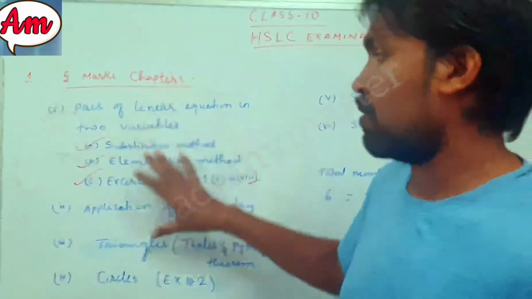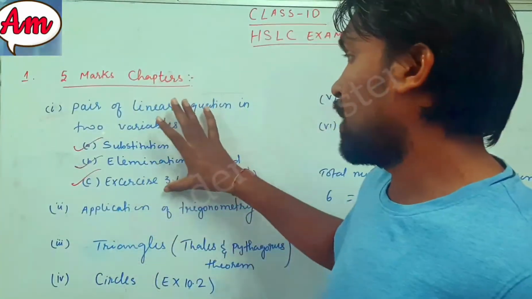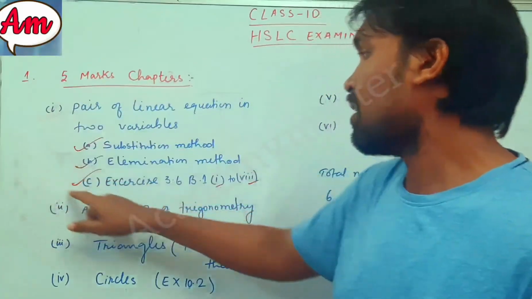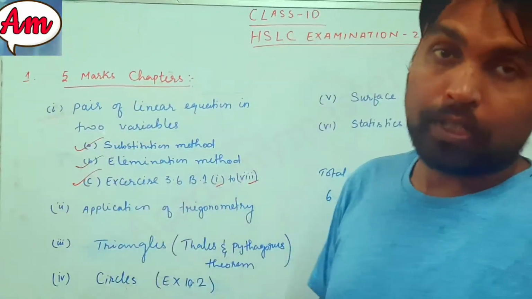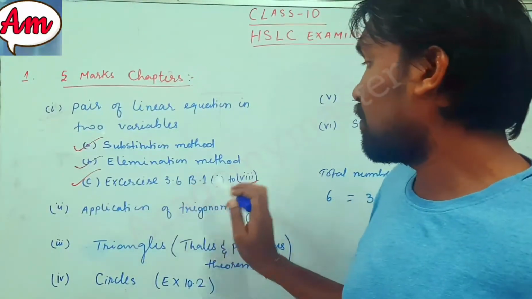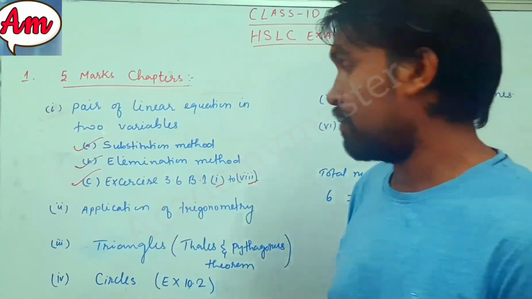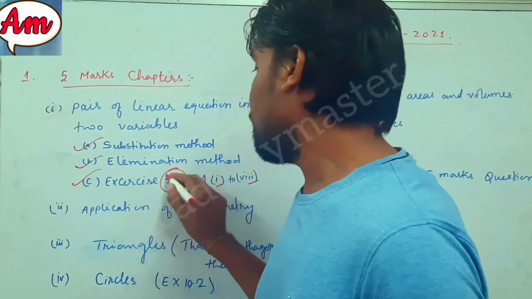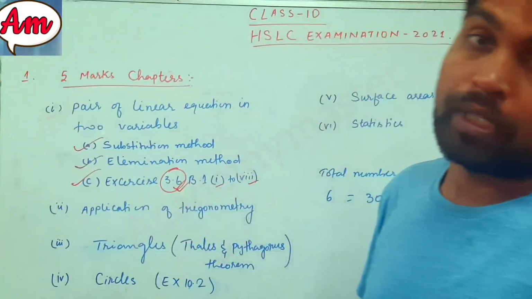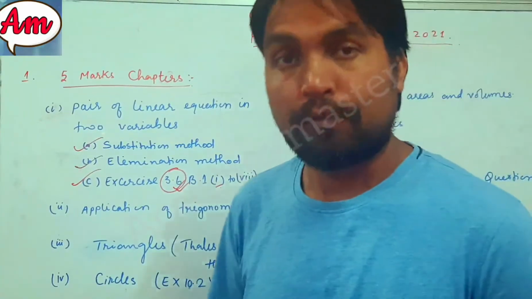You have to practice all these 3 for getting 5 marks. This is a very easy one. You can easily get 5 marks in these methods, especially exercise 3.6, it's very important. All the 8 questions you have to practice very well.